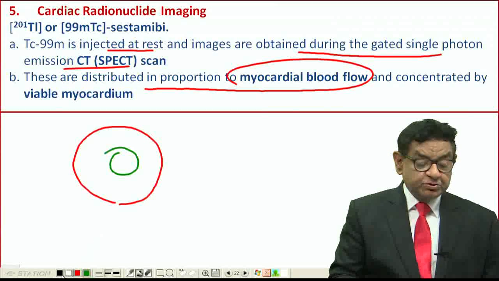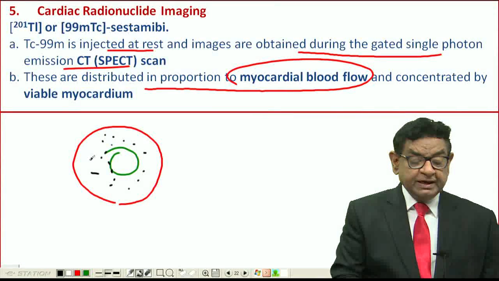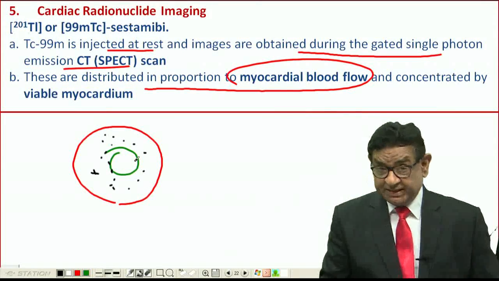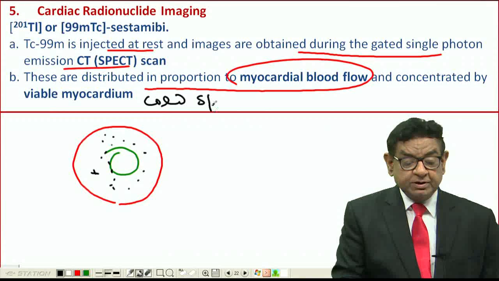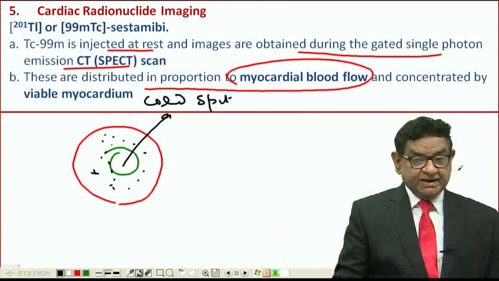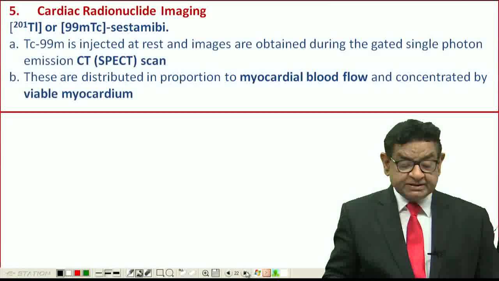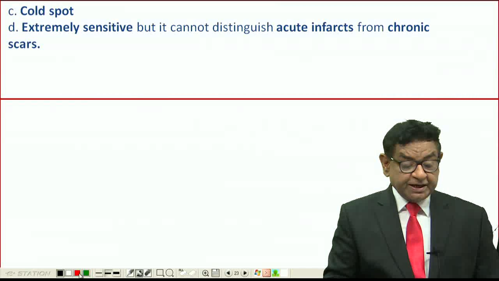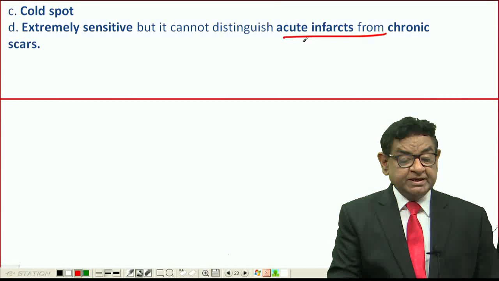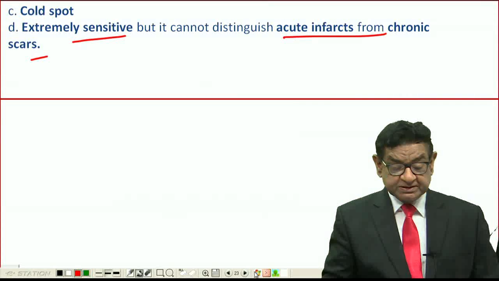So we will see blood has gone to the normal tissue, and blood has not gone to the ischemic area. So what we get is a cold spot. The cold spot like this indicates there is myocardial ischemia. It's a very sensitive test, but the disadvantage is that we can't differentiate acute from chronic ischemia. Okay, but otherwise it's an extremely sensitive test.